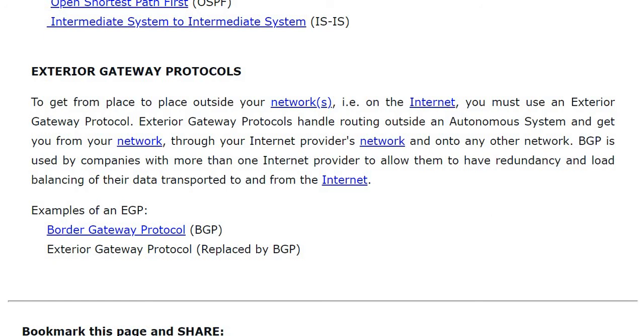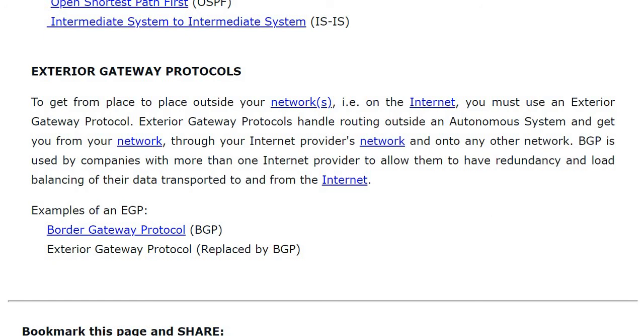So we need a Border Gateway Protocol. This allows redundancy and load balancing for data transported to and from the internet, from the autonomous system to the outside network, to the internet. These are the exterior gateway protocols.